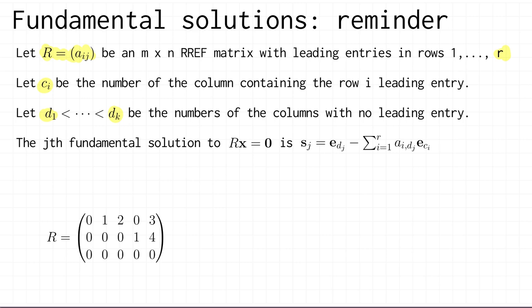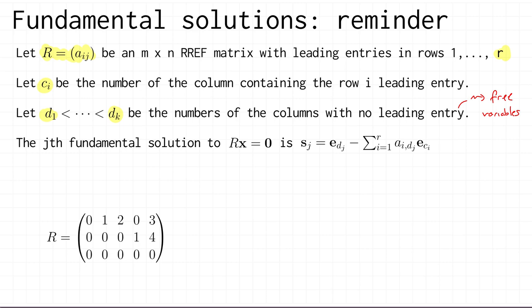So if you think back to what was going on here, these columns with no leading entry corresponded to free variables. Free variables meant that you could choose their value freely in a solution. So you could get your fundamental solution, which came from setting one free variable to be equal to 1 and all the other free variables to be equal to 0.